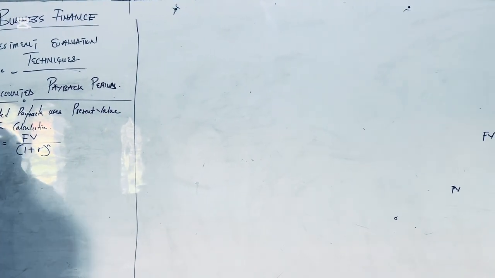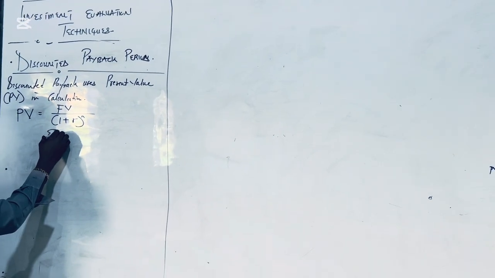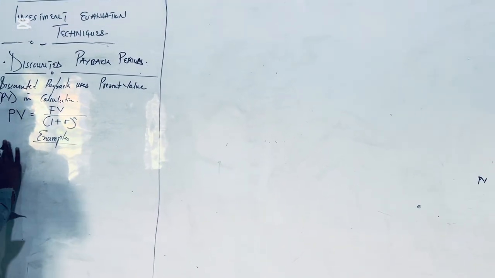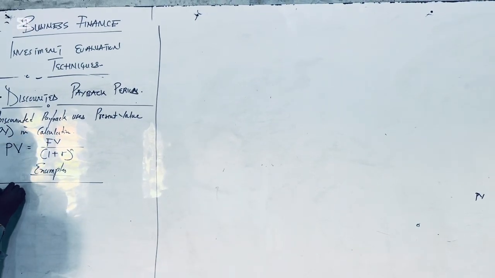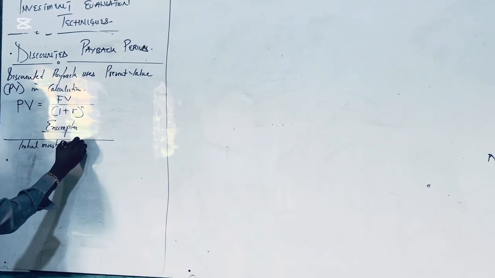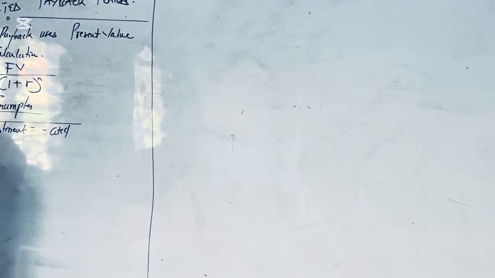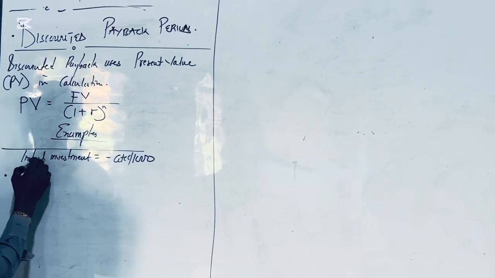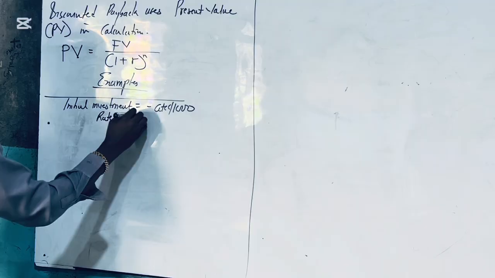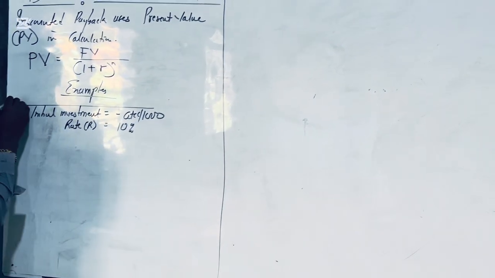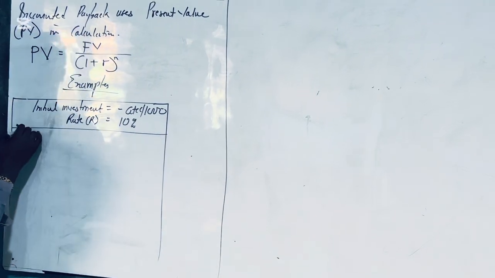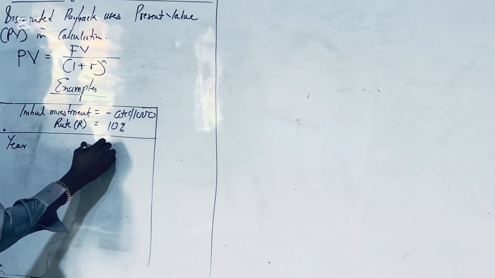Okay, now let's look at this example. Let's say we have a table here with an initial investment of negative 1,000. So these are the informations given. We have R, that is the rate, giving us 10%. And then we have our year and cash flow.